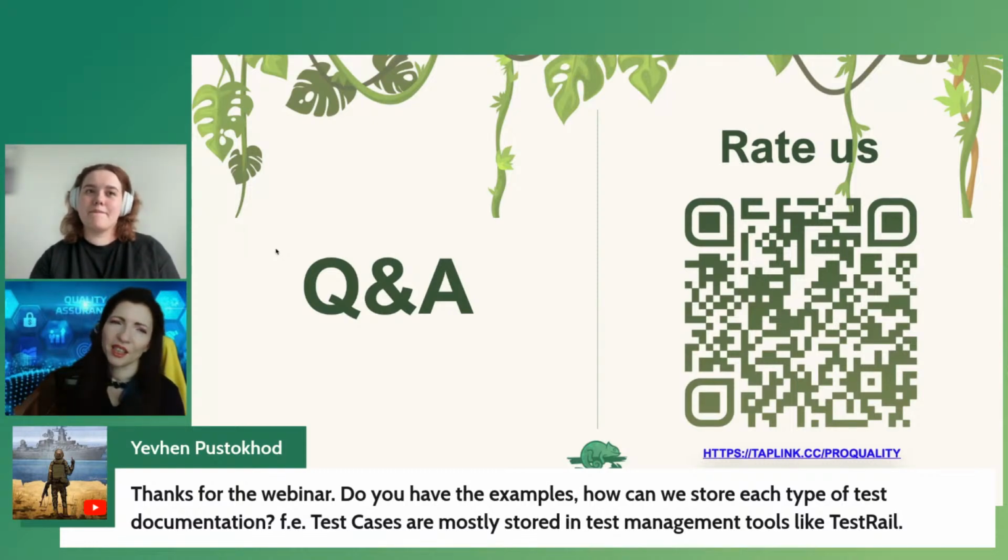Maybe any other ideas for other test documentation types, like checklists, test metrics, maybe others. I think that the storage of the test scenarios will be pretty much the same as for test cases, because we can verify the scenario based on the whole functionality.